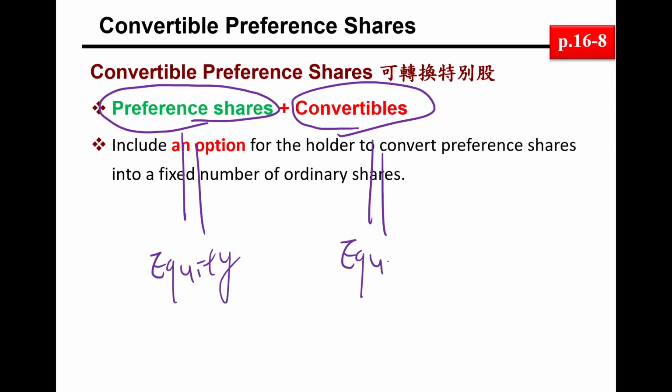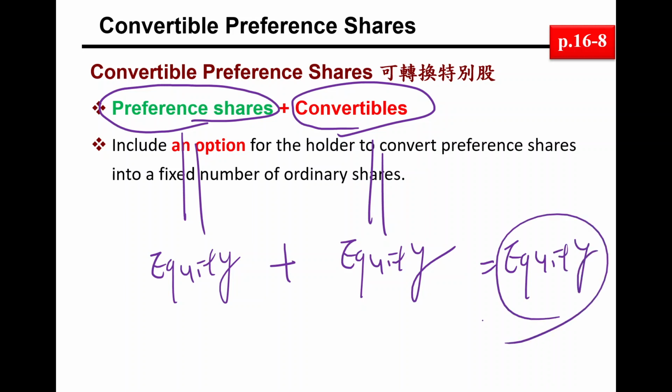Only one nature, only one characteristic, is equity. It's not like a CB. CB is liability plus equity. So in accounting, when we talk about preference shares, equity plus equity, only equity, it's easier.